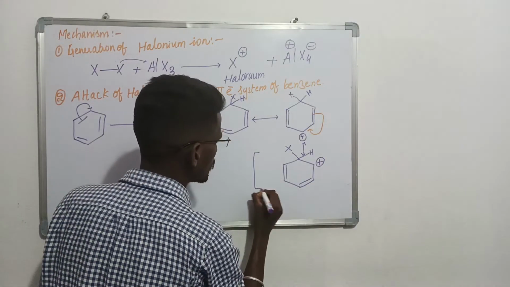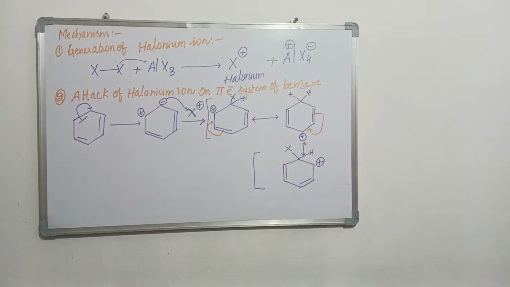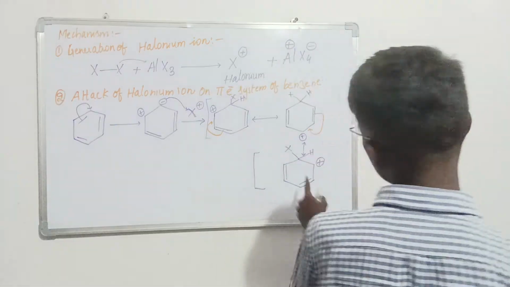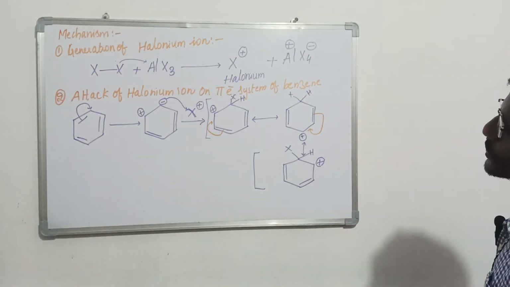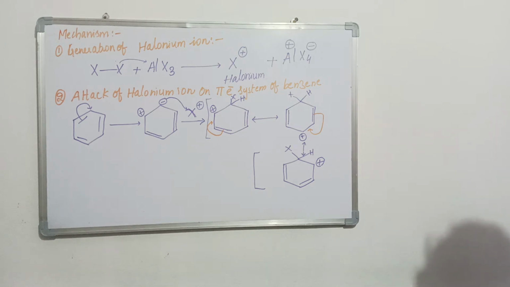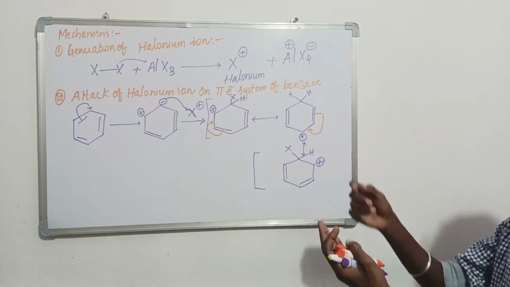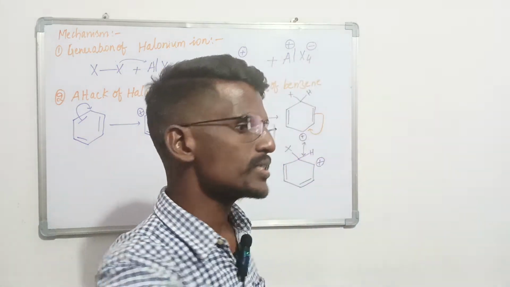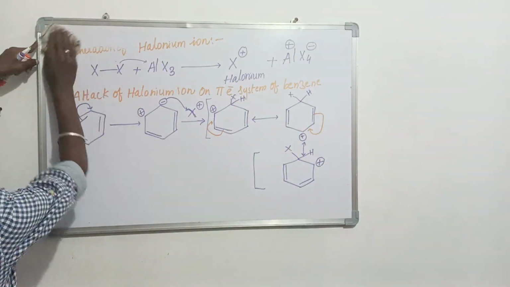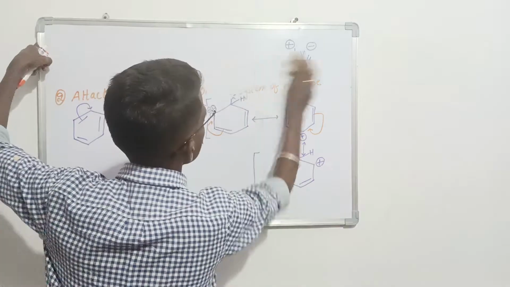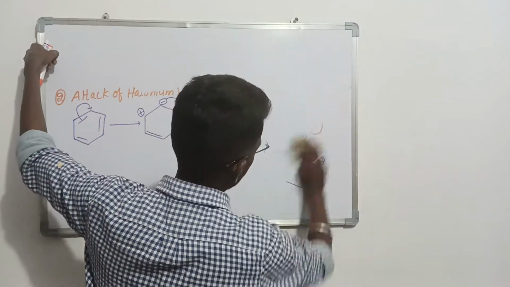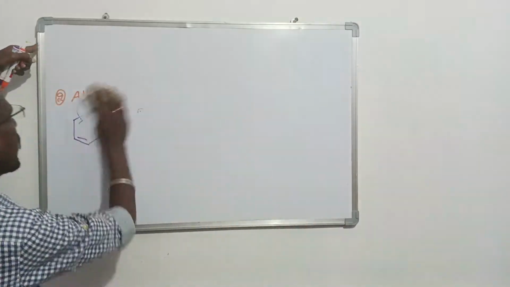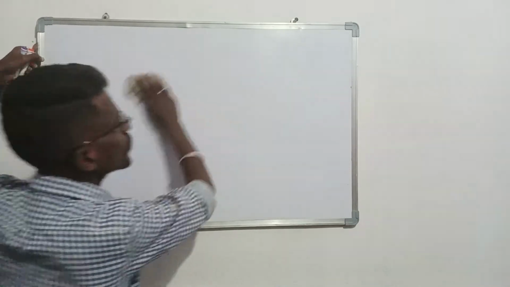Then this substituted halobenzene loses the proton to regain aromaticity. That is the third step. What is the third step? That is the loss of proton, or the restoring of aromaticity.